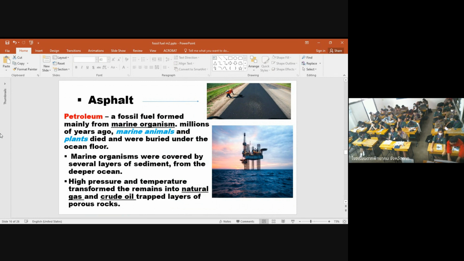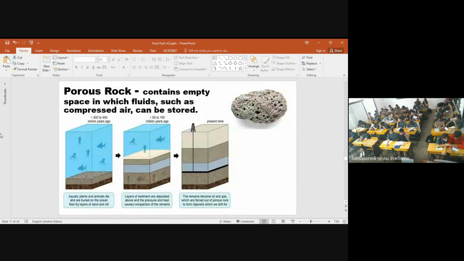These are trapped in layers of porous rock. Porous rock contains empty space in which fluids such as compressed air can be stored. So this is an example of porous rock. Have you seen these types of rocks?